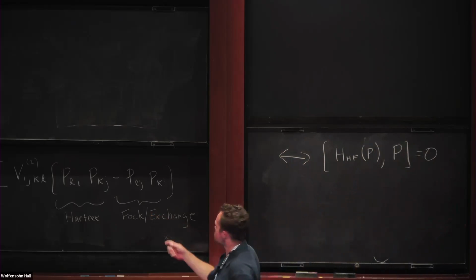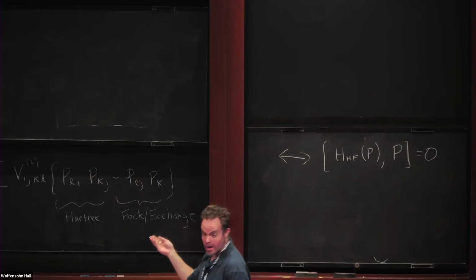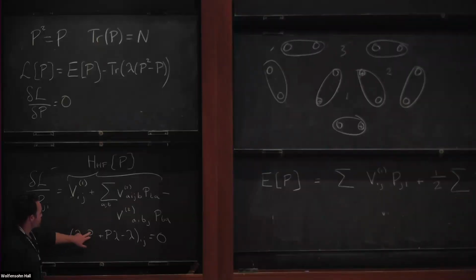You just take that equation and first multiply from the right by P. When you right multiply by P, lambda P squared is lambda P, and it cancels that one. And you do vice versa. When you work it out, all this stuff goes away. It's kind of interesting.